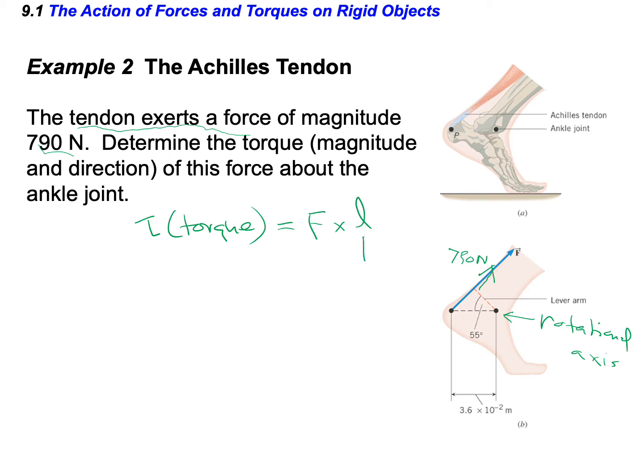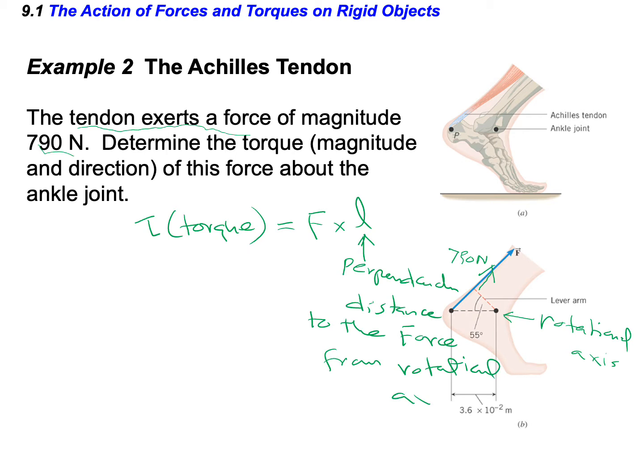The lever arm is the perpendicular distance from the axis of rotation to the force.